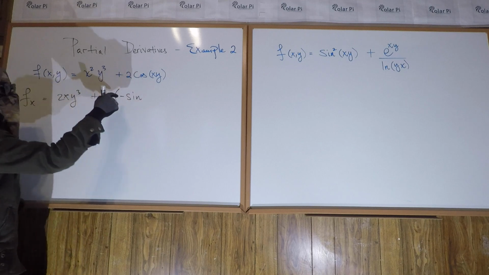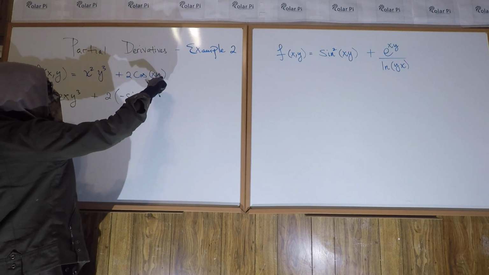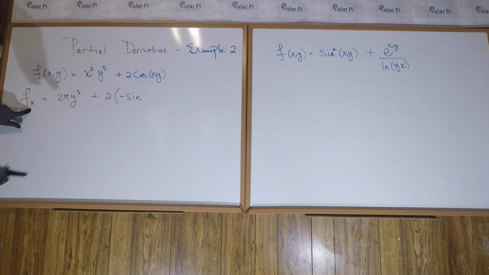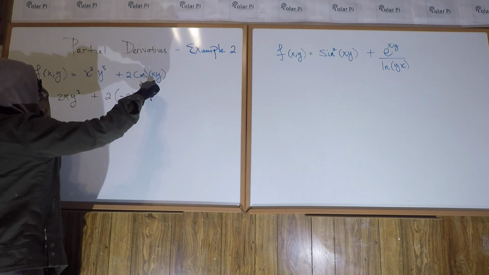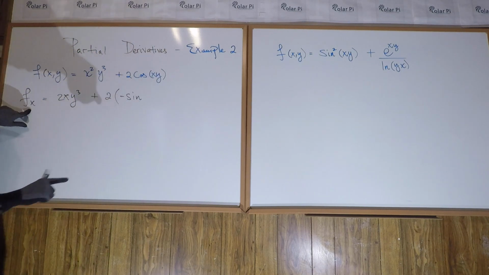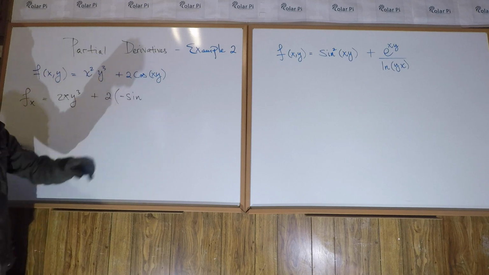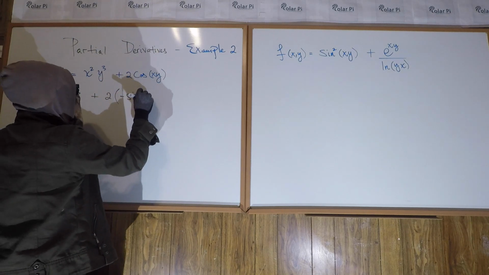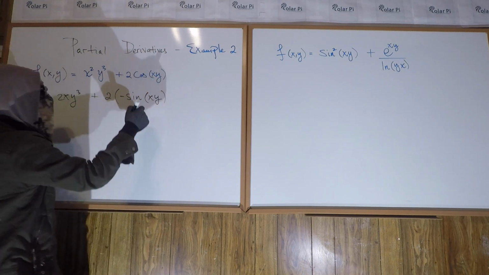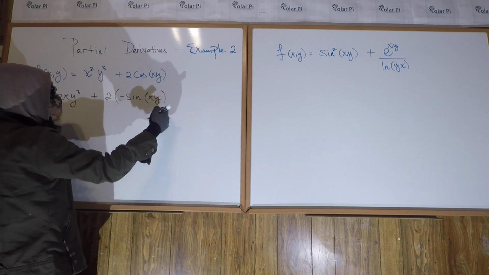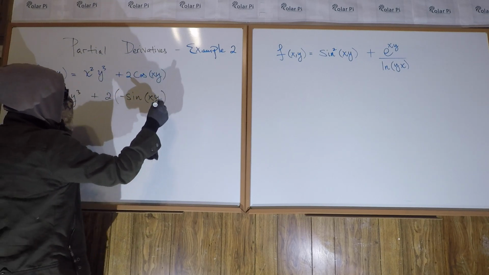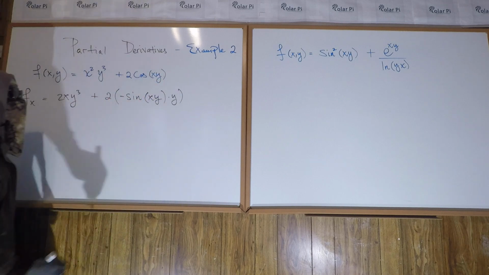And the reason why we need to take the derivative of cosine is because in the argument of cosine, there's an x. So this cosine is a function of x, and therefore we need to take the derivative of cosine. So we go negative sine of xy, but then this y is a constant, so to finish taking the derivative of cosine of xy, we need to multiply by y.